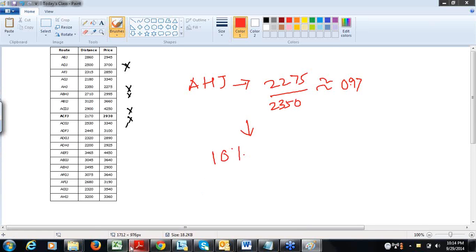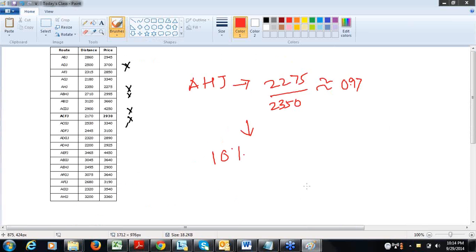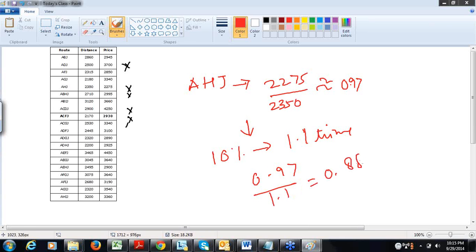It includes 10% more than the total cost. So it is actually 1.1 times. So the actual cost will be 0.97 upon 1.1, which will be 0.88. So we have option B, 0.88.